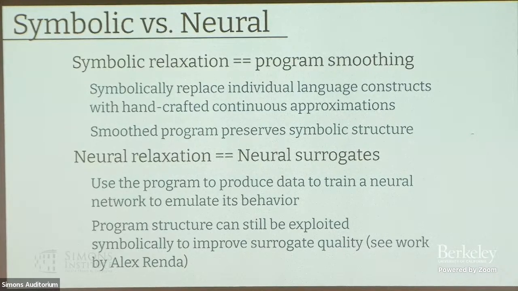In general, this is something that you would do when the program you're trying to create a surrogate for is maybe some complicated simulation, or some very complex algorithm that might be difficult to even manipulate symbolically.